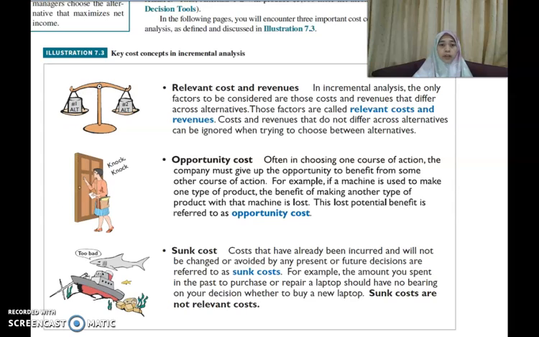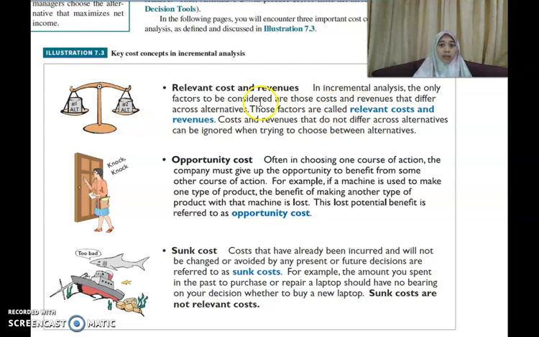If you go to your textbook, you can see illustration 7.3. You can see what is meant by relevant cost and revenues. So in incremental analysis, the only factors to be considered are those costs and revenues that differ across alternatives. That means if alternative A and alternative B both incur that cost, it becomes an irrelevant cost.